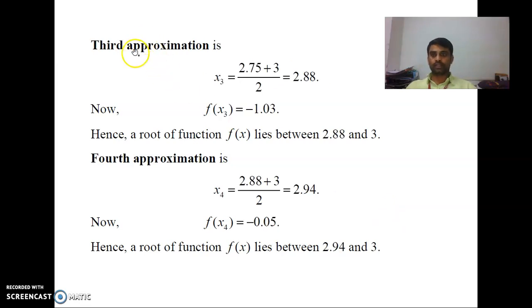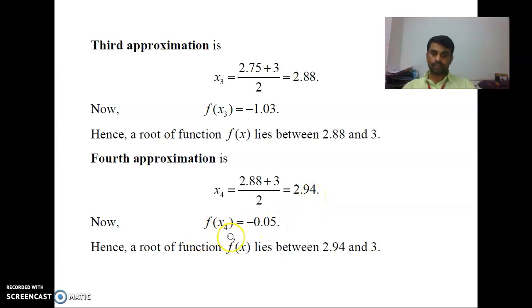Then calculate the third approximation. So x3 is 2.75 plus 3 divided by 2, which is 2.88. Then we calculate the value of f of x3. It is minus 1.03. Then the root lies between 2.88 and 3. Then calculate the fourth approximation. So x4 is 2.88 plus 3 divided by 2 equals 2.94.